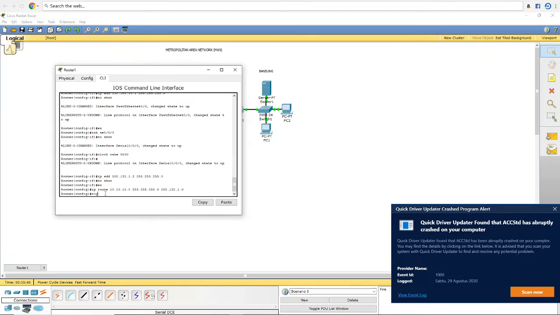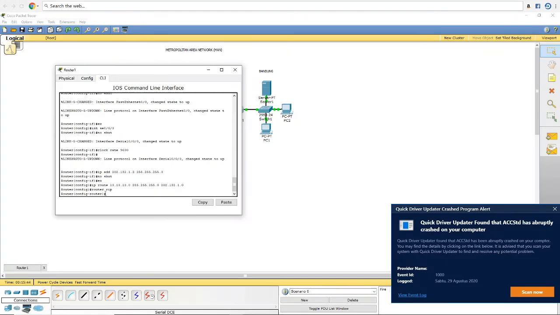The last is router RIP. Network, IP address for LAN Solo.